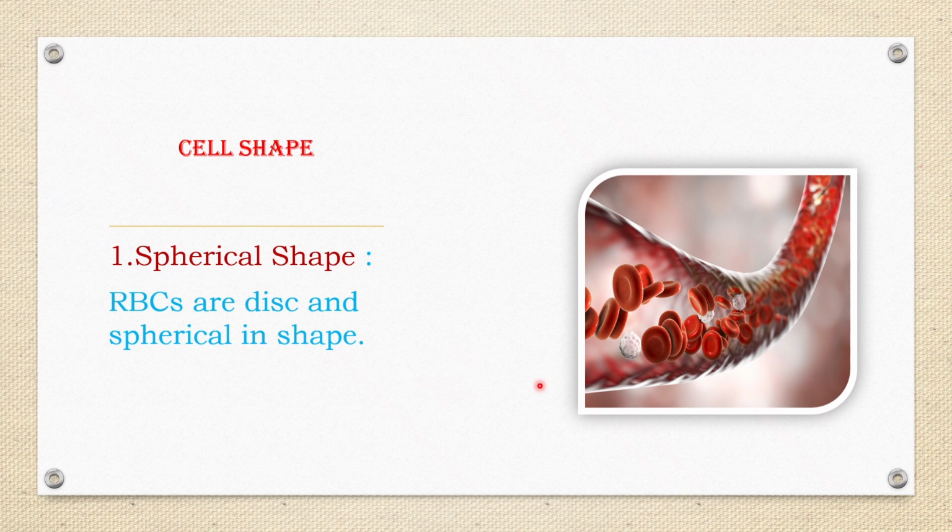Let us see the spherical shape with the RBC. It is spherical, disc-shaped, biconcave, and circular. These cells pass through the narrow capillaries of blood vessels, right? Because it holds oxygen, it flows easily through this narrow lumen. Understood? I hope you get it.